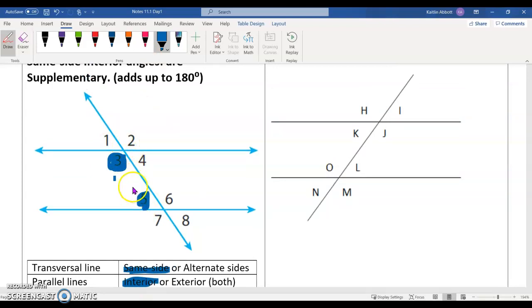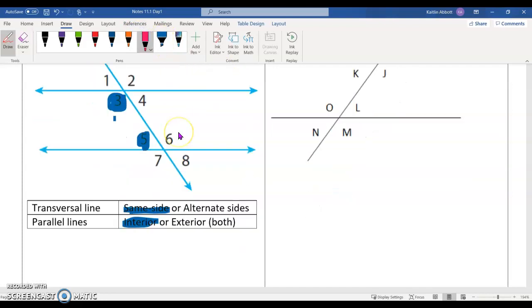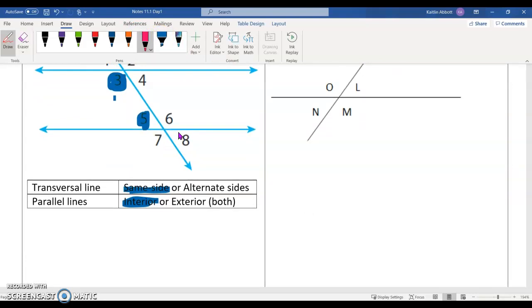So what you would do with these is you're going to set them equal to 180. So the measure of angle 3 plus the measure of angle 5 are going to equal 180. So you're going to have to be setting these up as an equation. Everything else, they'd be set to equal each other. So how you would see it, you would see measure angle 3 plus measure angle 5 equals 180.